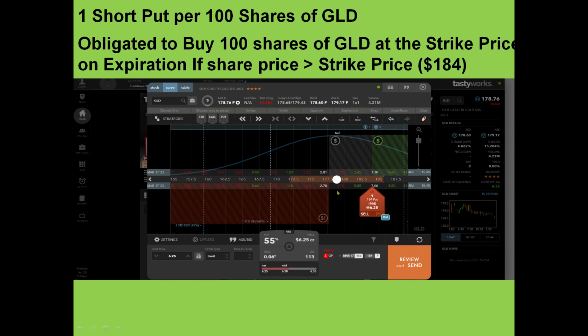And so if you have a very bullish move, potentially the price can go above the strike price by expiration. That's one option.